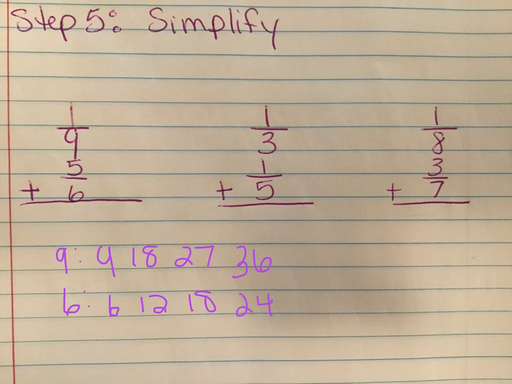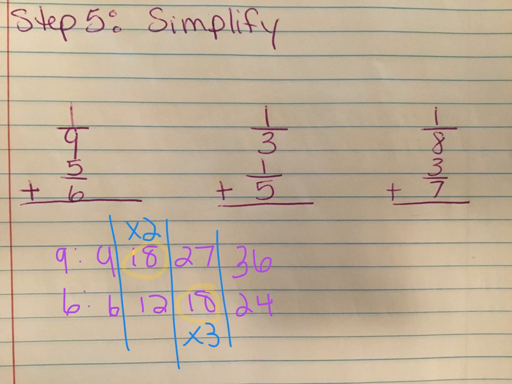Now I could keep going if I didn't have one that was in common, but as I'm looking here, I notice, hey, look, there's an 18, and there's an 18. So this tells me that for my 9, I'm going to need to multiply it by 2, and for my 6, I'm going to need to multiply it by 3, because that's times 1, times 2, times 3.